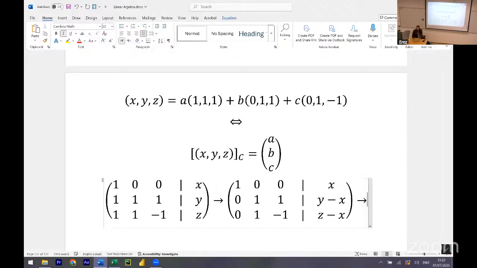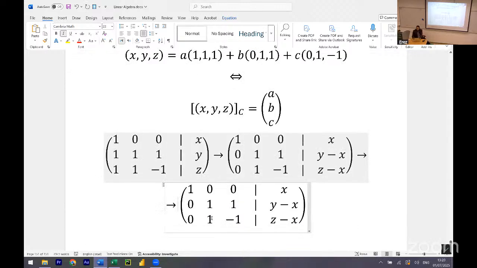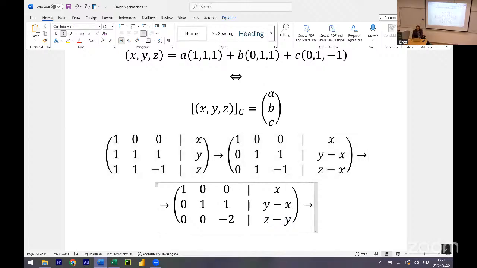Then we have 0, 0, -2, and z minus y. I could have, for the first step, taken the third row and subtracted the second row out of the third row. And we divide by -2.